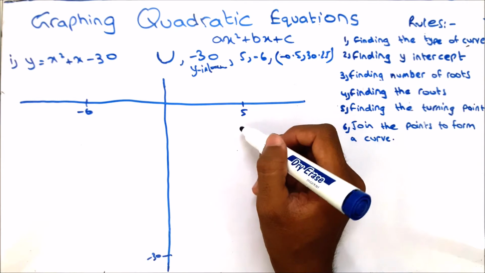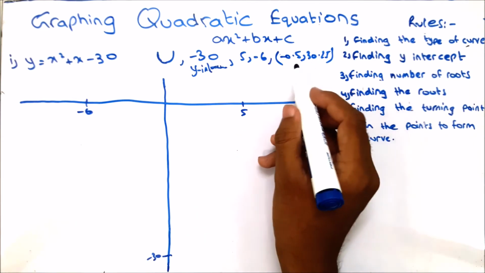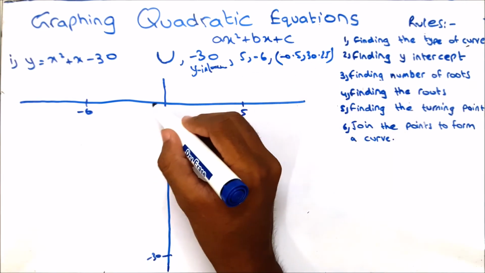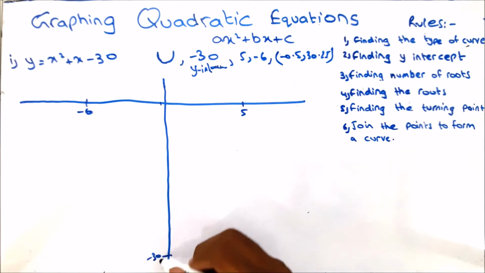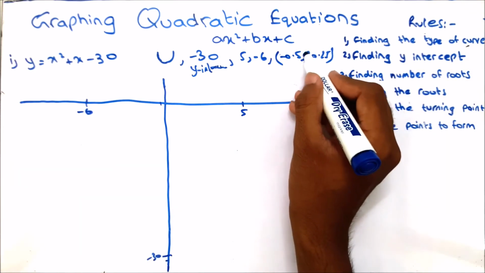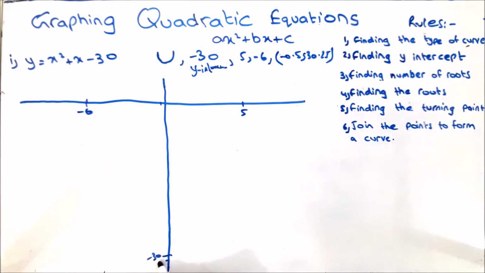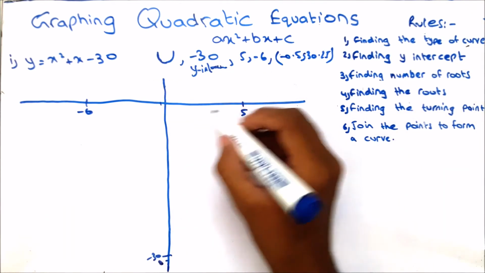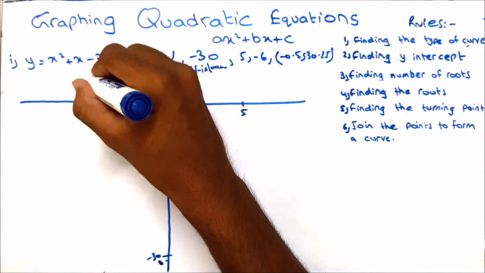And one more thing we have is our minus 0.5, which is somewhat close over here, and minus 30.25. I made a mistake, minus 30.25 is somewhat over here. So that's where our graph turns, and we know our graph is U-shaped, so our graph looks somewhat like this.